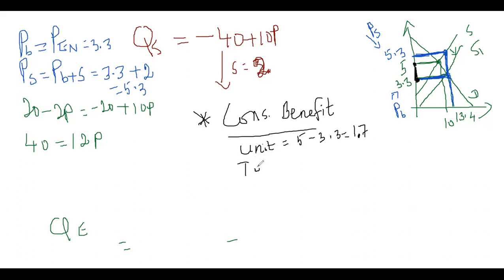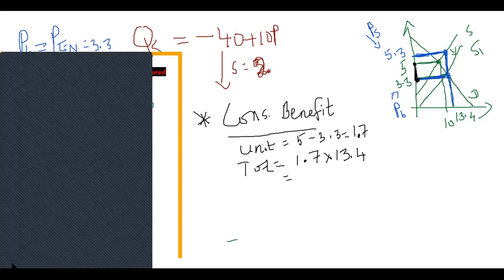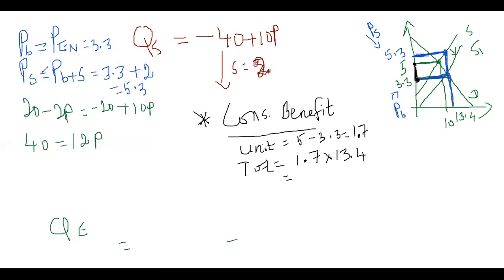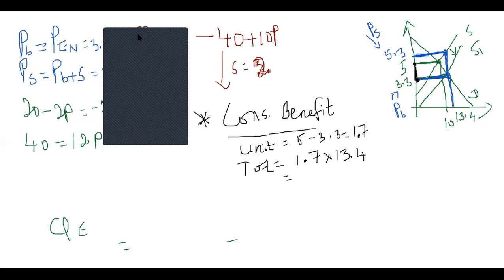Then total consumer benefit: for a unit 1.7, and totally 13.4 units we have, so 1.7 into 13.4.